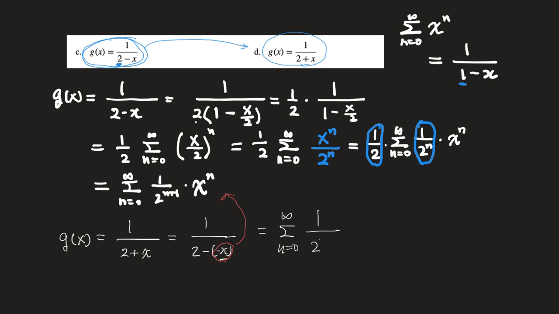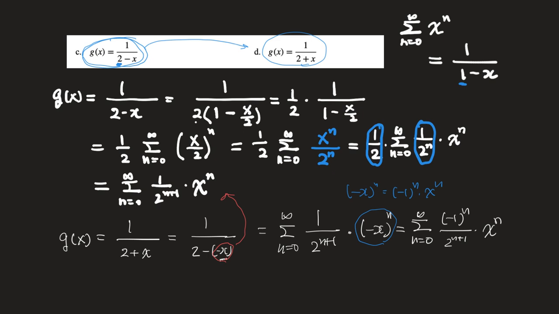So you have summation n equals 0 to infinity 1 over 2 to the n plus 1 times negative x to the n. We practiced this: separate the base. So negative x to the n is negative 1 to the n times x to the n. So you have a new power series of this function: summation n equals 0 to infinity negative 1 to the n over 2 to the n plus 1 times x to the n.